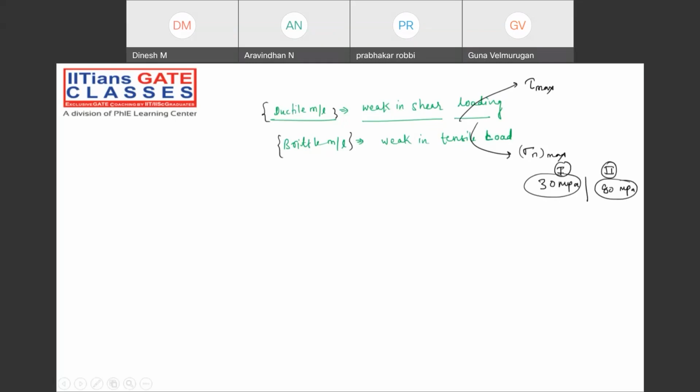Suppose a cylindrical bar is subjected to axial stress. In one, the maximum stress value can be 30 megapascal, and in the second it is 80 megapascal. Which one will require a larger amount of material, that means a larger diameter?